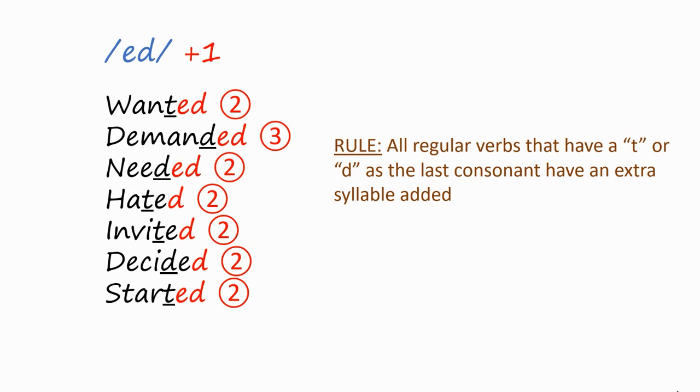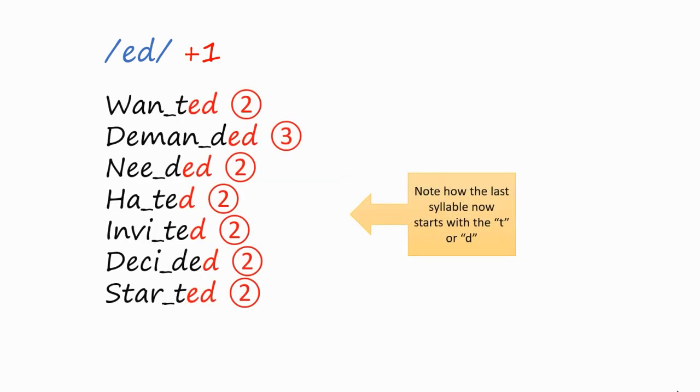One final point to note with this category is that the last consonant now begins with a T or D. This won't be a problem for Spanish speakers because it's a very natural sound for you to make. In fact, it's the sound that Spanish speakers try to make with other verbs in the other categories, which is incorrect.